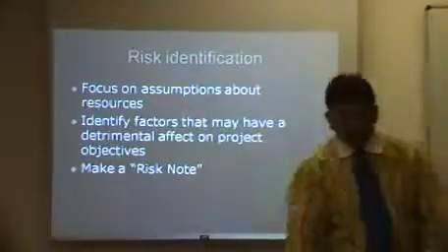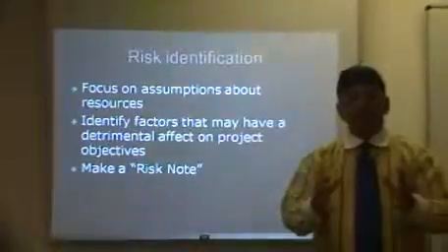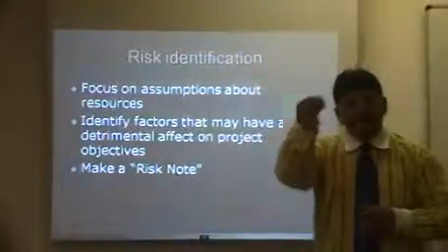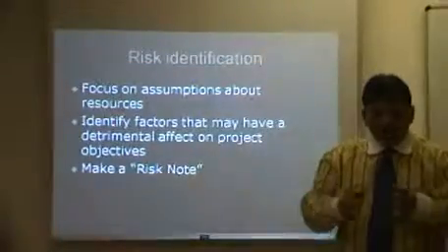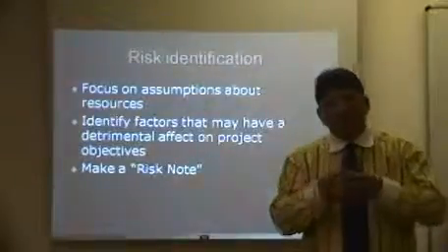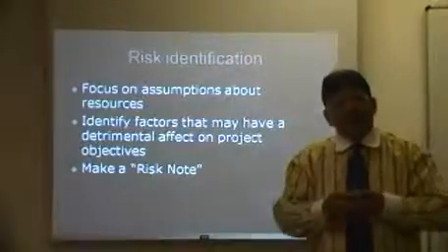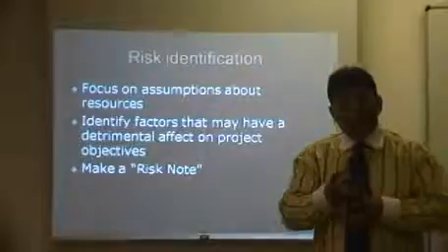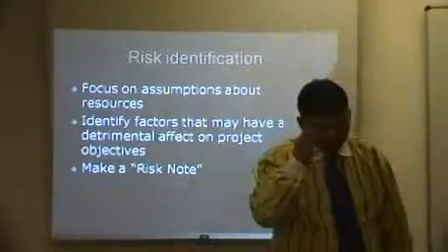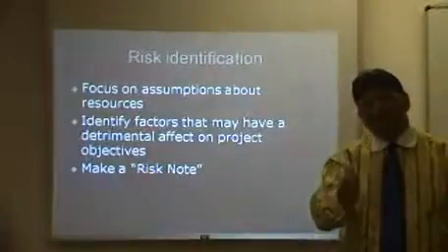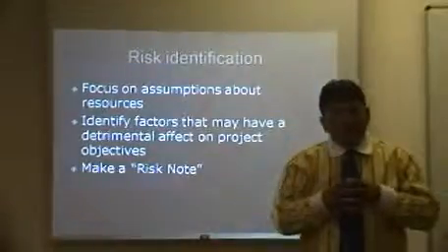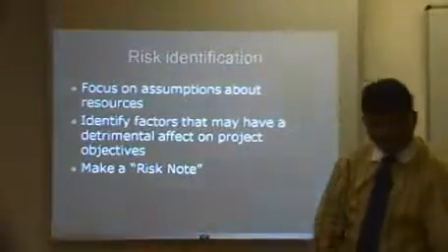In other words, technical people and the project team, people with the knowledge and the experience, will come together and look at detrimental factors which have happened to them in the past, bring them into this session, and identify what effect those will have on the project at hand. So experienced project personnel is very important.